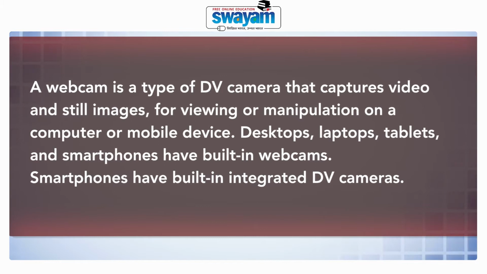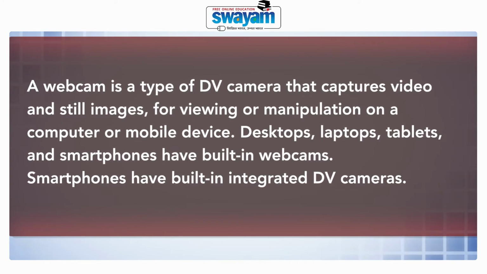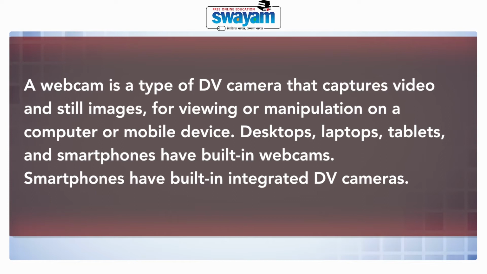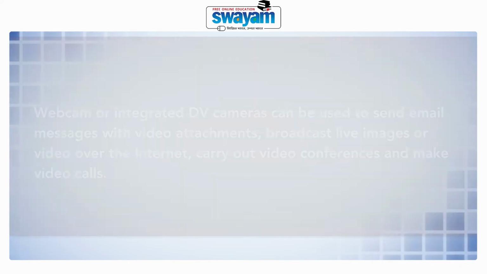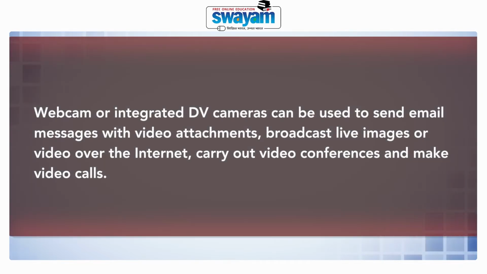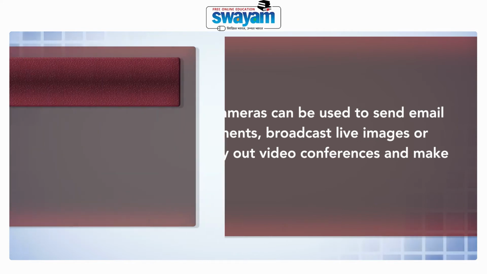Tablets and smartphones have built-in webcams. Smartphones have a built-in integrated DV camera. Webcams or integrated DV cameras can be used to send email messages with video attachments, broadcast live images or video over the internet, carry out video conferences and make video calls.